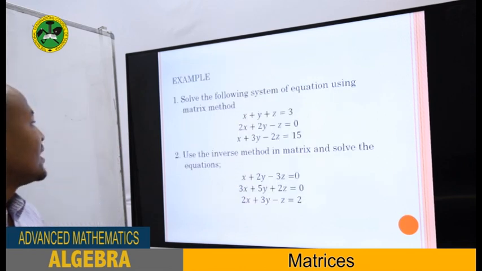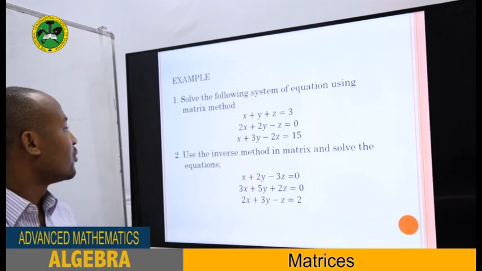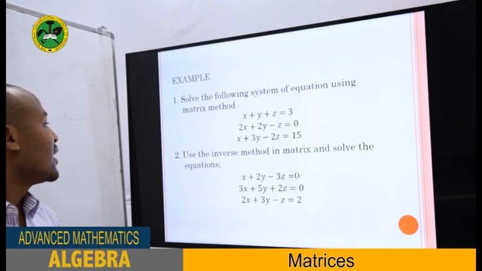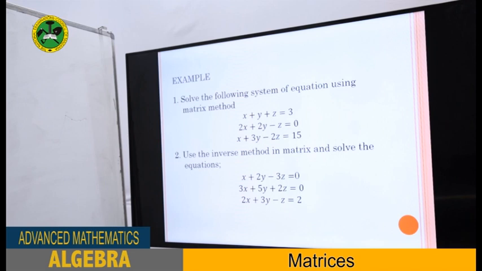Now, my dear student, let us solve the system of linear equations as we are given there. The example says, solve the following system of equations using the matrix method. How can we solve that?